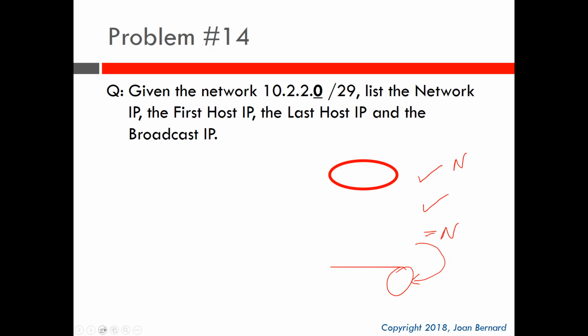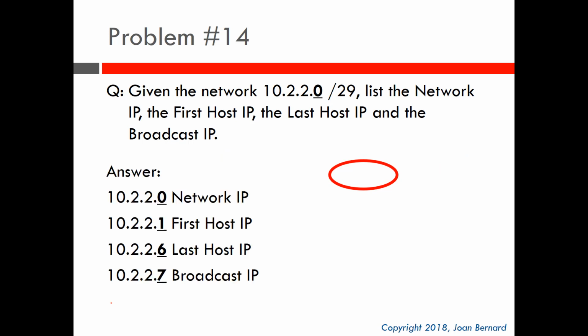So my answers then are going to be 10.2.2.0, that's my network IP, right? That's where we started. That was given to us. We just add 1 to it. There's my first host. We calculated that my broadcast would be 7, and that the last host is just 1 less than that. So that's 7, last host is 6.